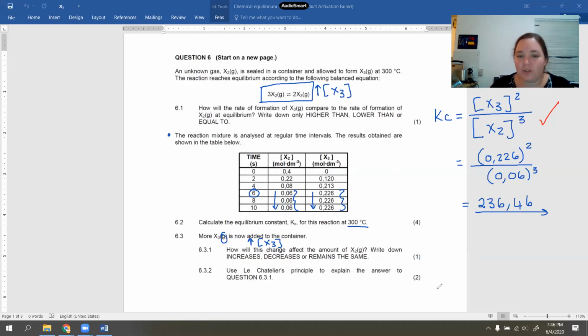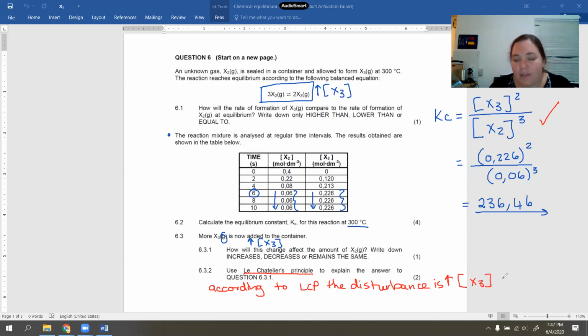Okay, so I'm going to write out a full solution because it does say underneath, use Le Chatelier's principle to explain your answer. So I would go and say here, according to Le Chatelier's principle, please don't abbreviate Le Chatelier's principle in exam, the disturbance is an increase in the concentration of X3. Therefore, the system will act to decrease the concentration of X3.